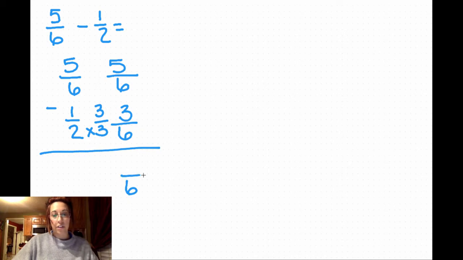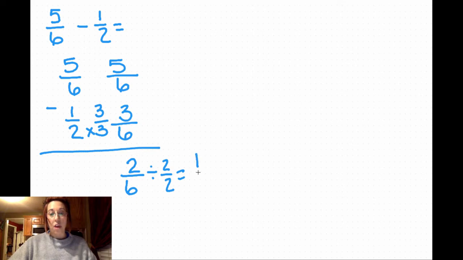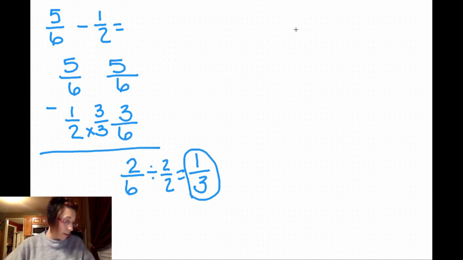Copy our denominator to the answer, and then 5 minus 3 is 2. Both 2 and 6 can be divided by 2. 2 divided by 2 is 1, and 6 divided by 2 is 3. So we have simplified, and 1/3 is our answer.